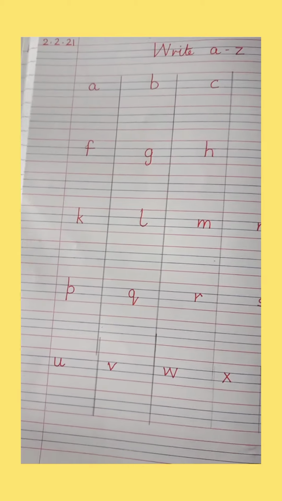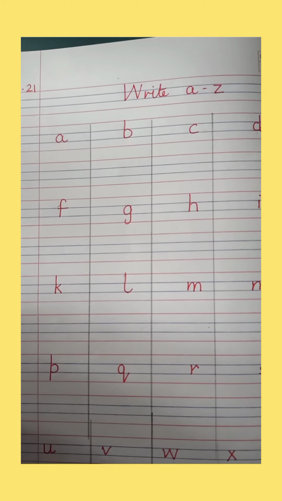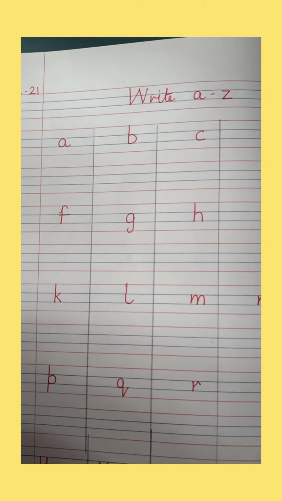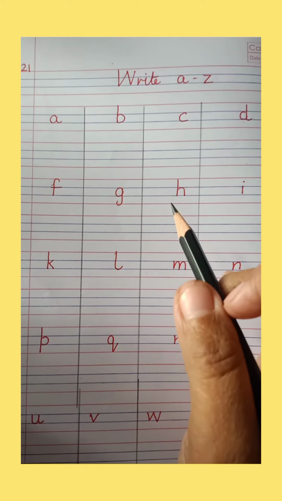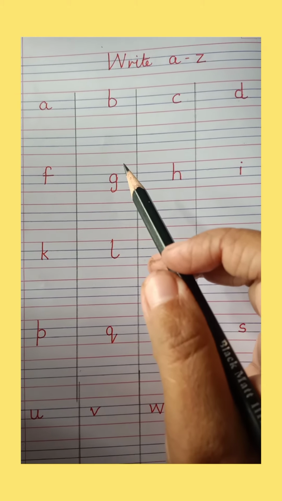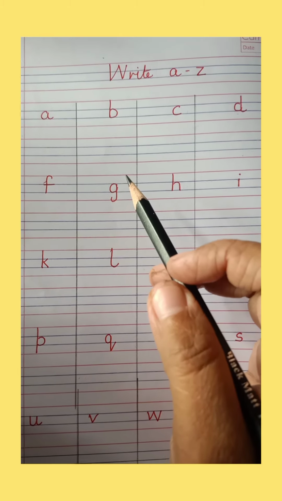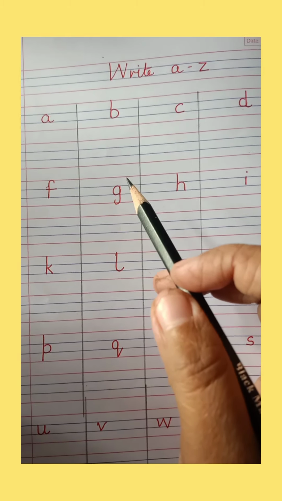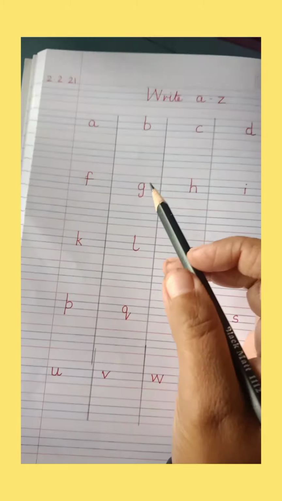Acha children, before starting today's class, let me tell you some important points which you have to remember. Children, you have to check your formations. You have to be very particular about your formations, because if you are very particular about your formations now, trust me, your handwriting will come out so nicely. आपको पता भी नहीं चलेगा और आपकी handwriting बहुत अच्छे से set हो जाएगी.